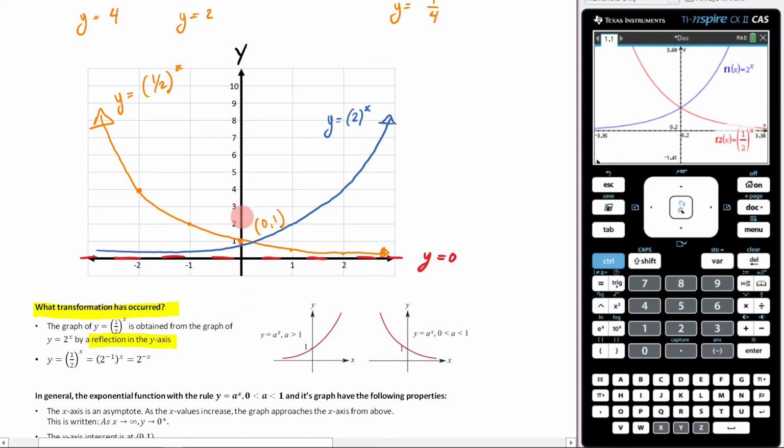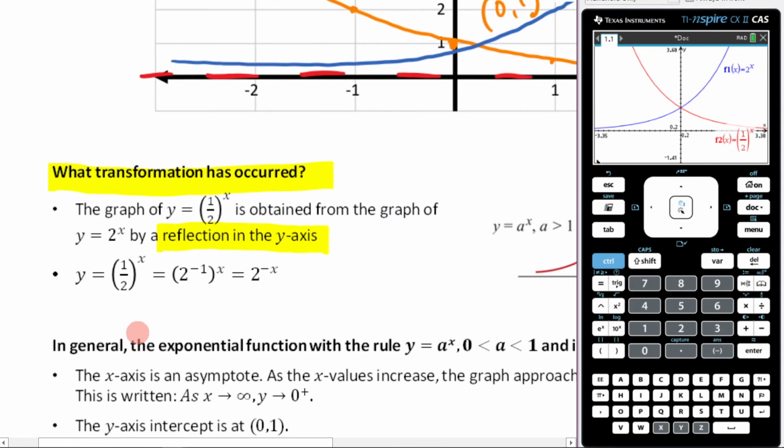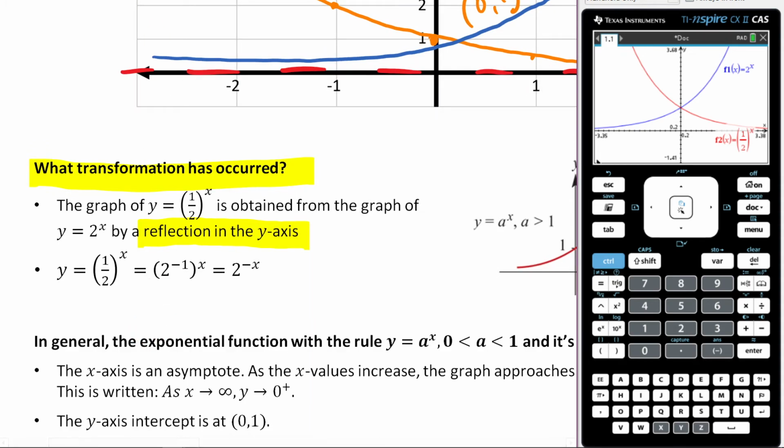We've reflected it across that line there. And what do you know about this? We've seen transformations before. We know that a reflection occurs in the y-axis when we have a negative in front of our x value. Well, guess what? If we take the reciprocal of a half, it becomes 2 to the negative 1, and then we can just distribute that out. Do you see how we get 2 raised to the negative x?